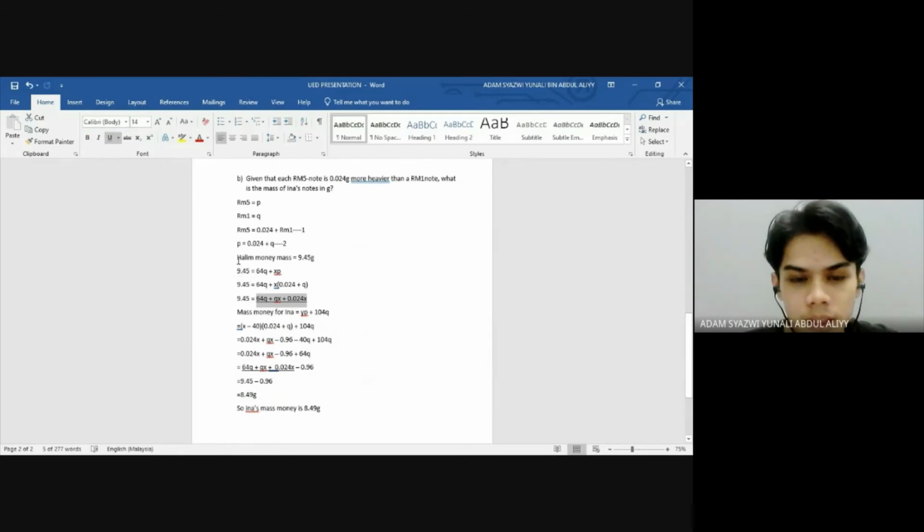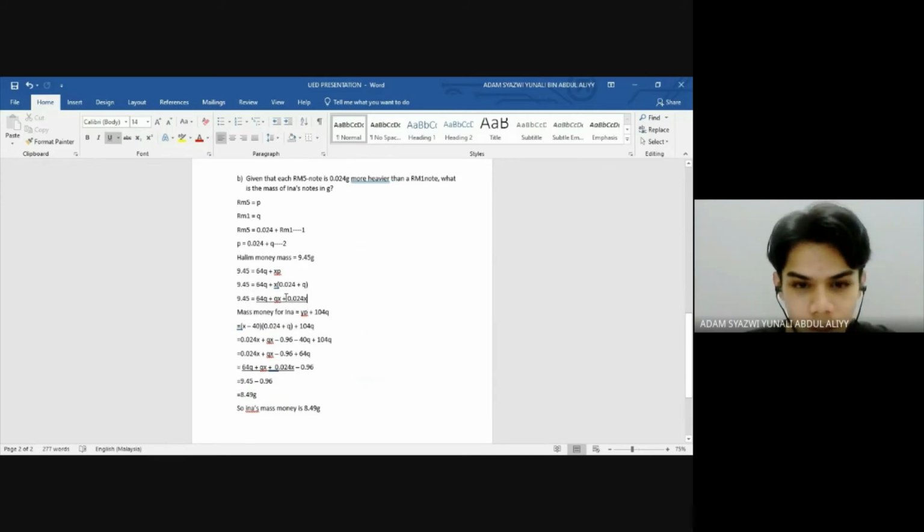First, then 9.45 equals 64Q plus XP, where 64 is the total of RM1 notes and X is the total of RM5 notes. After we solve this equation, we're going to get 9.45 equals 64Q plus QX plus 0.024X.